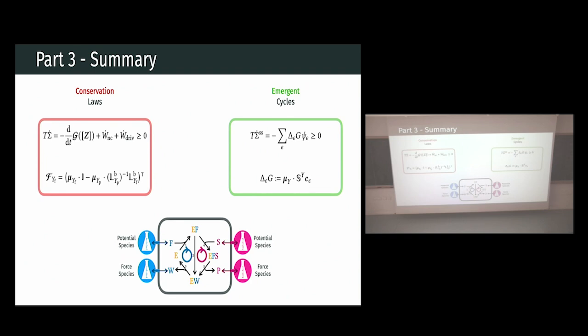Yes, question. So maybe I missed it, but is it ever possible that the force that maintains the system out of equilibrium is zero, even if I have both potential and force chemostats? Yes. If you choose the chemical potentials of the force species such that it is exactly equal to the second part of the force, yes. But it's like saying I'm applying the same temperature with two different thermal reservoirs to an object. I can be in equilibrium there.